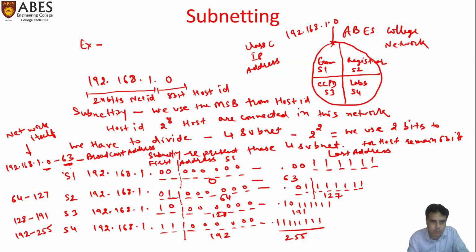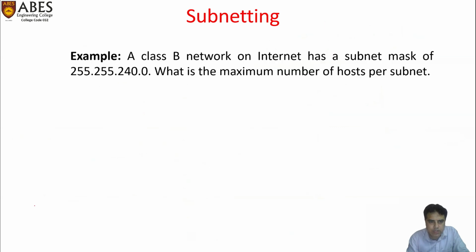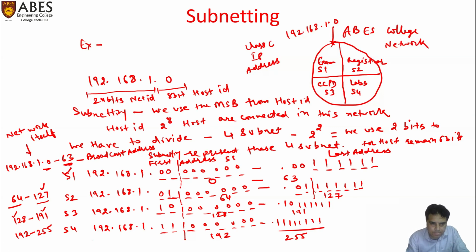For subnet S2, 192.168.1.64 is the network address, and 192.168.1.127 is the broadcast address. For the subnet S3, 128 is the network address and 191 is the broadcast address, and for subnet S4, 192 is the network address and 255 is the broadcast address.